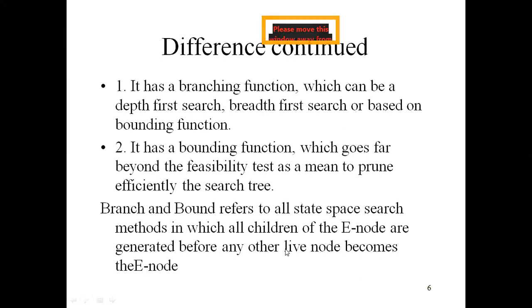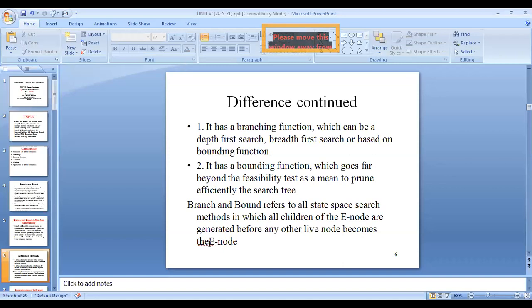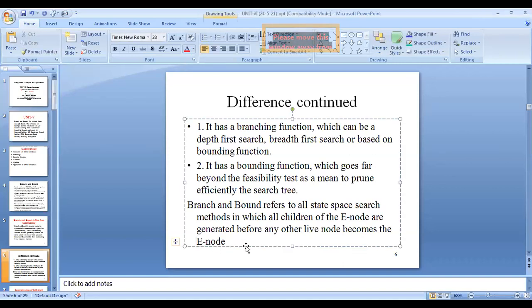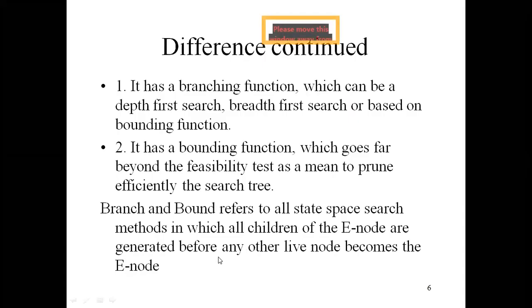Before considering any other live node, the current E node is expanded and explored. That is called exploring, in which all children of the E node are generated.